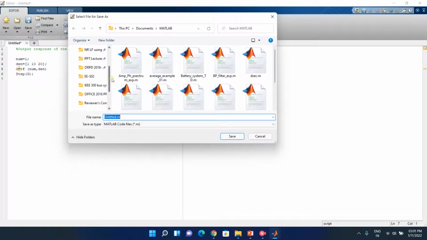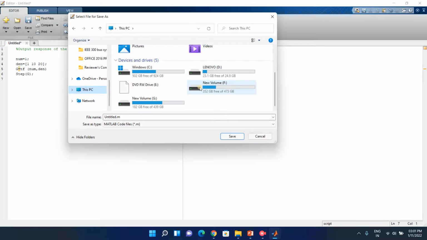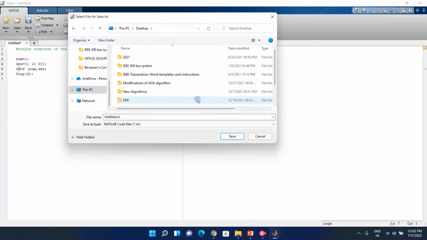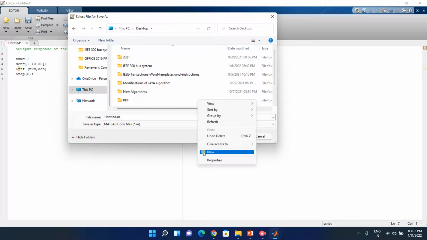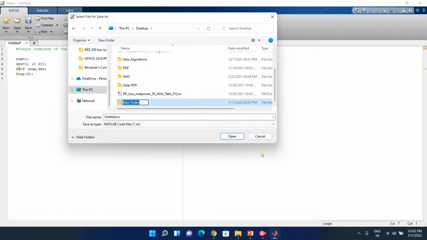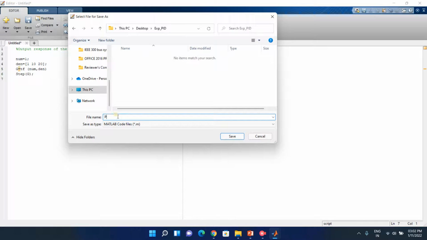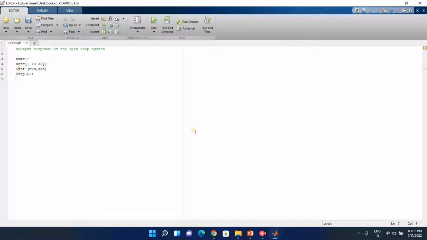I'm saving it in some other file. Suppose on the desktop I'm creating a file, Experiment PID, and I'm naming it PID 01.